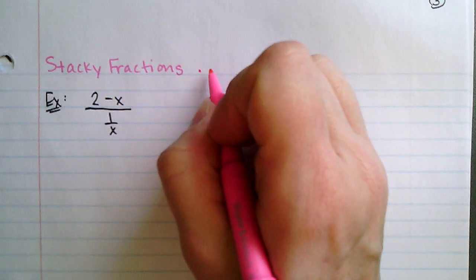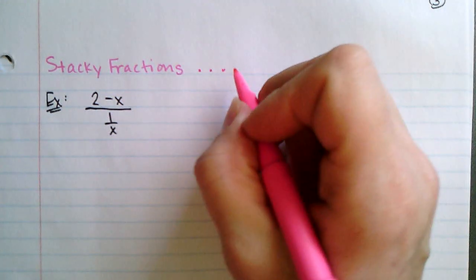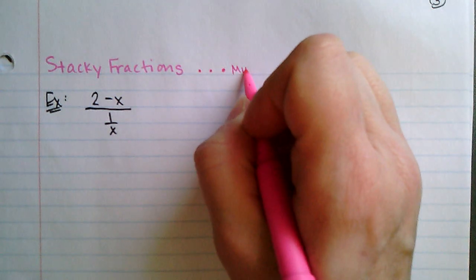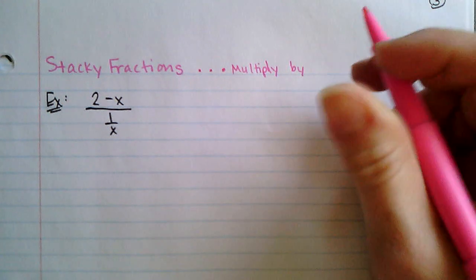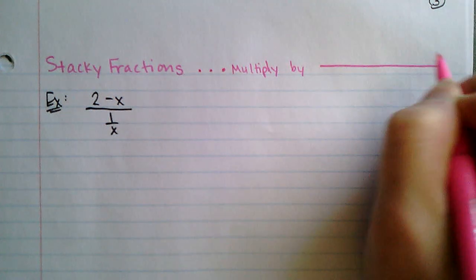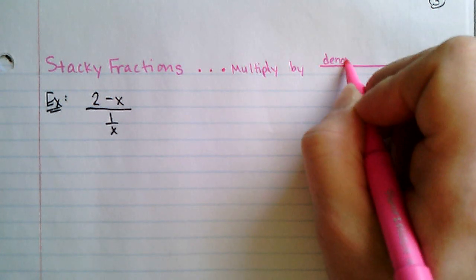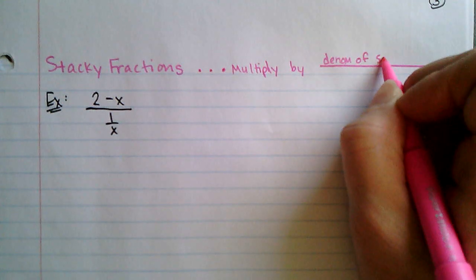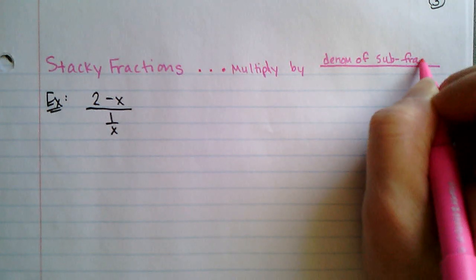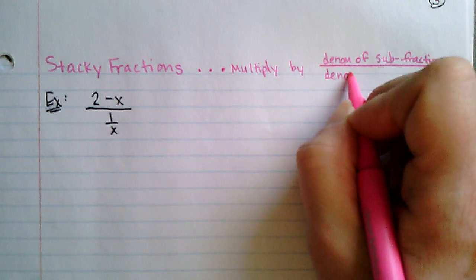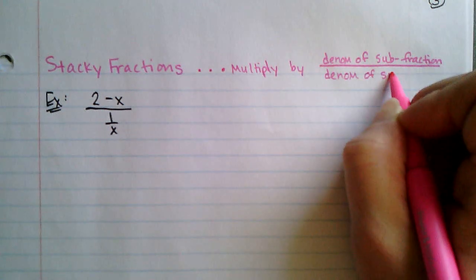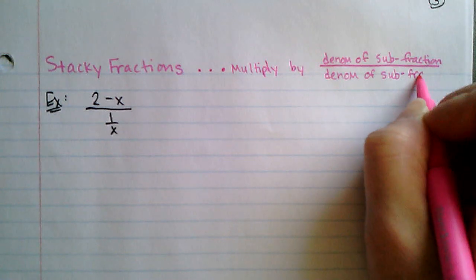So the strategy to work with stacky fractions is that I'm going to multiply the problem by the denominator of the subfraction over the denominator of the subfraction.